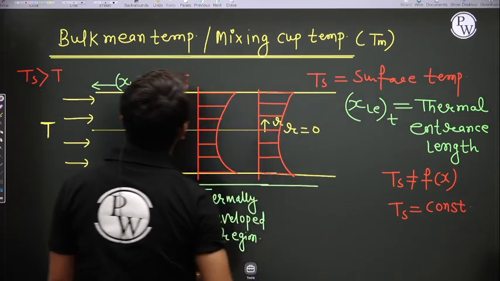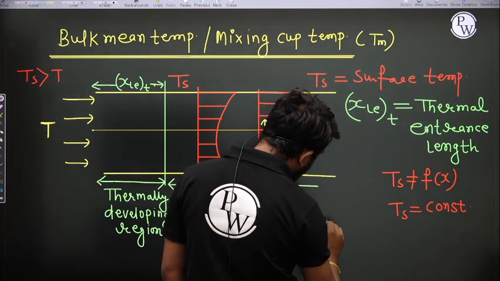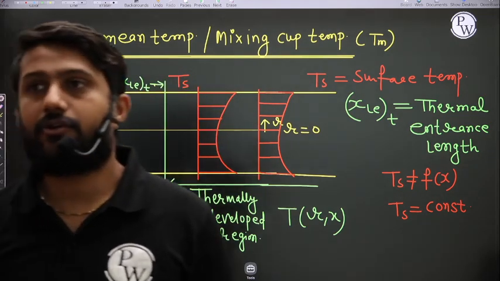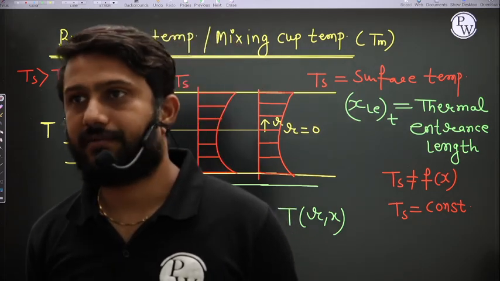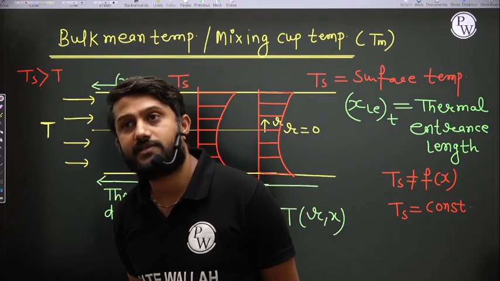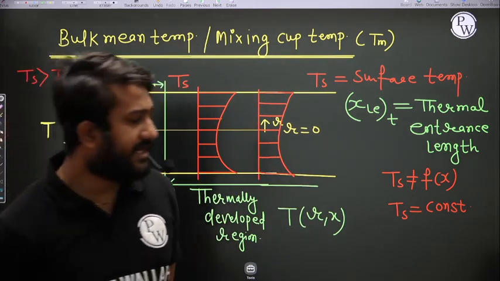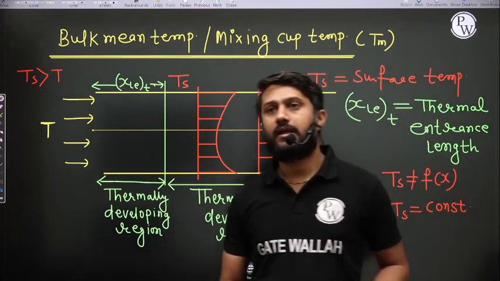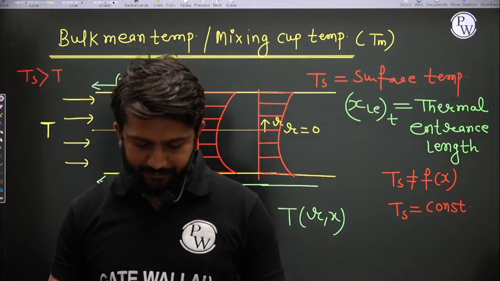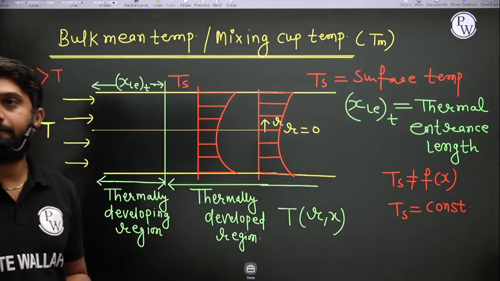In the hydrodynamically developed region, U is only a function of R. U is not a function of X. But in the thermally developed region, T is a function of R and X both. Is it clear? Is it okay?